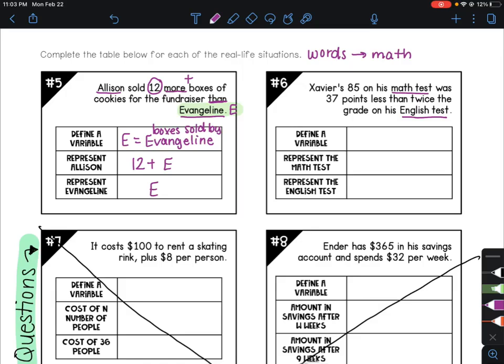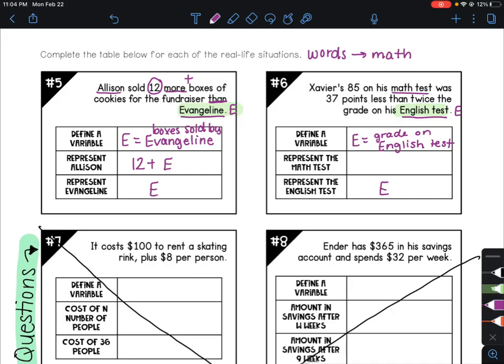So just like before, we actually know the grade on the math test. We know a lot of stuff about that math test, so that's not our variable. Our variable is going to be E, grade on English test, because we just don't know anything about it, and the math test is being compared to the English test. So that's E. I'll represent the English test down here at the bottom, E.